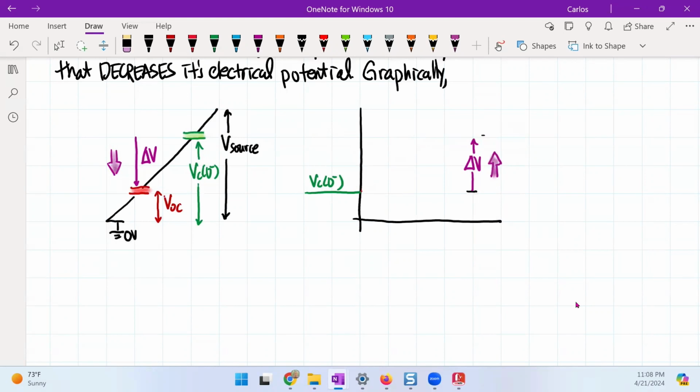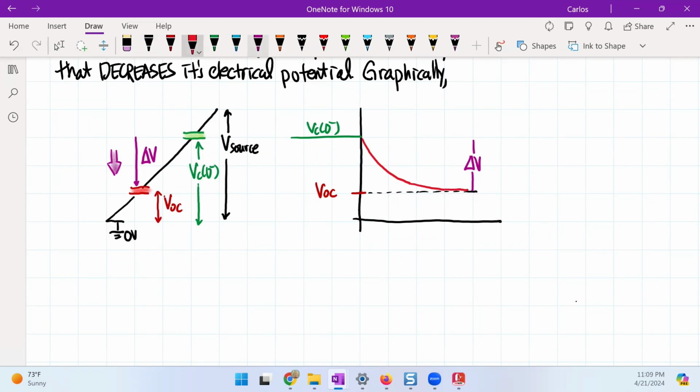So if I come in here and do the exact same thing, what am I seeing here? Well, I have my initial voltage of the capacitor, and this guy is going to decrease to VOC. So we are finding that I have an exponential decay that's now looking like this here.